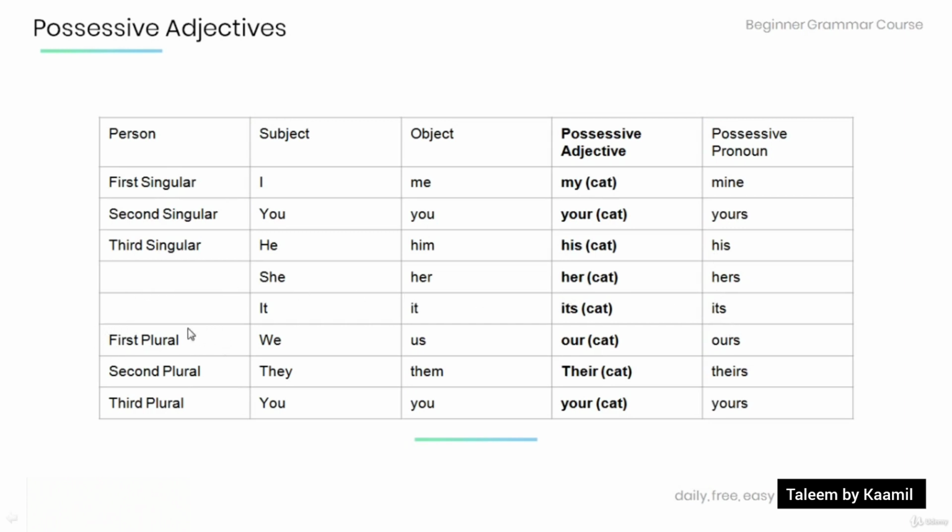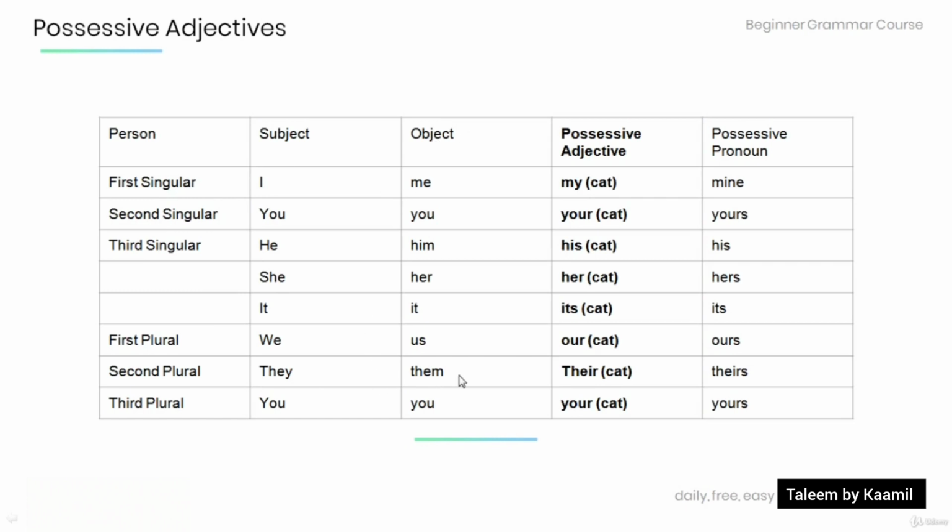First person plural, subject, we. Object, us. Possessive adjective, our cat. Possessive pronoun, ours.